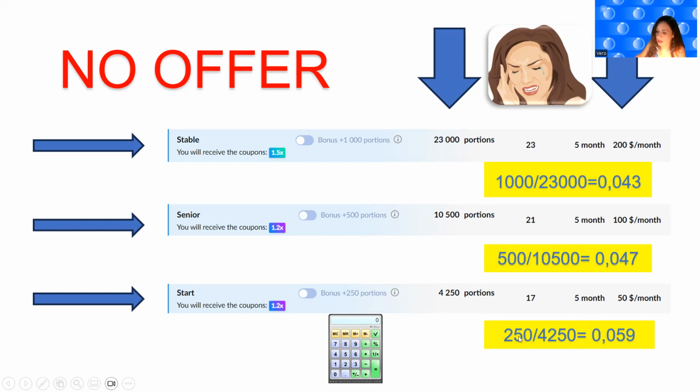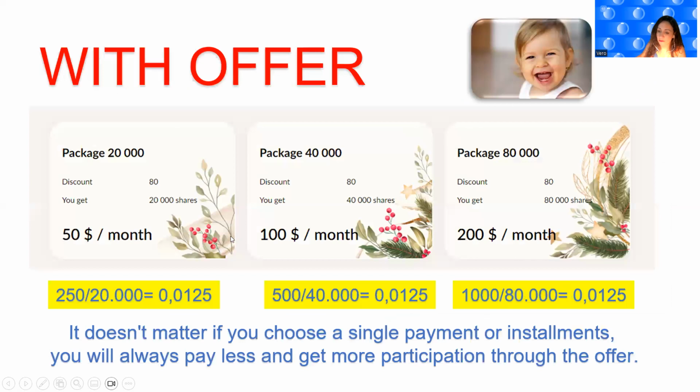And with this package Start, for example, you are paying 0.059 cents of dollar. But with the short New Year offer, you are only paying 0.012 cents of dollar per share.